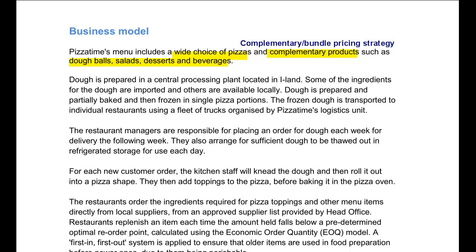Now obviously, if you've got lots of different pizzas, lots of different types of topping, lots of different other products such as salads and desserts, they may all come from various different suppliers. So that brings up issues with the logistics of getting all the various raw materials in from these different suppliers if they are indeed different, and also about the power of these suppliers.